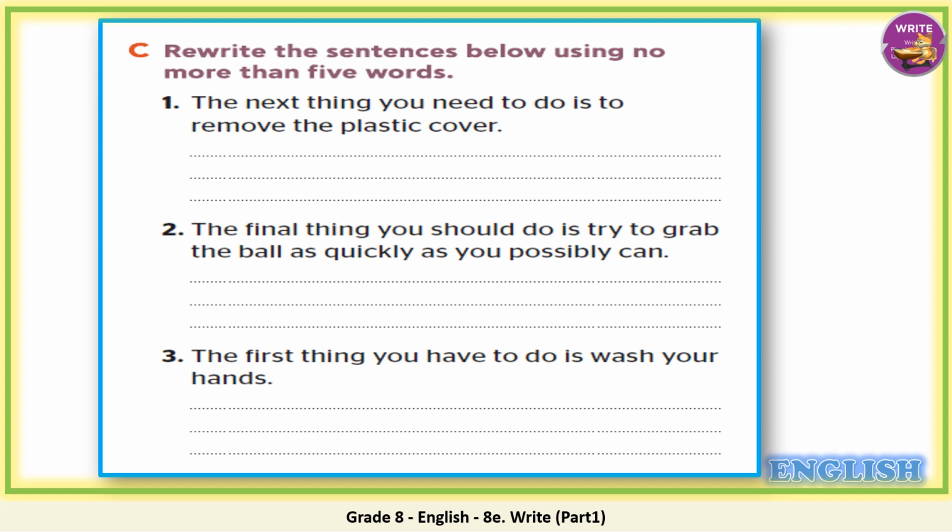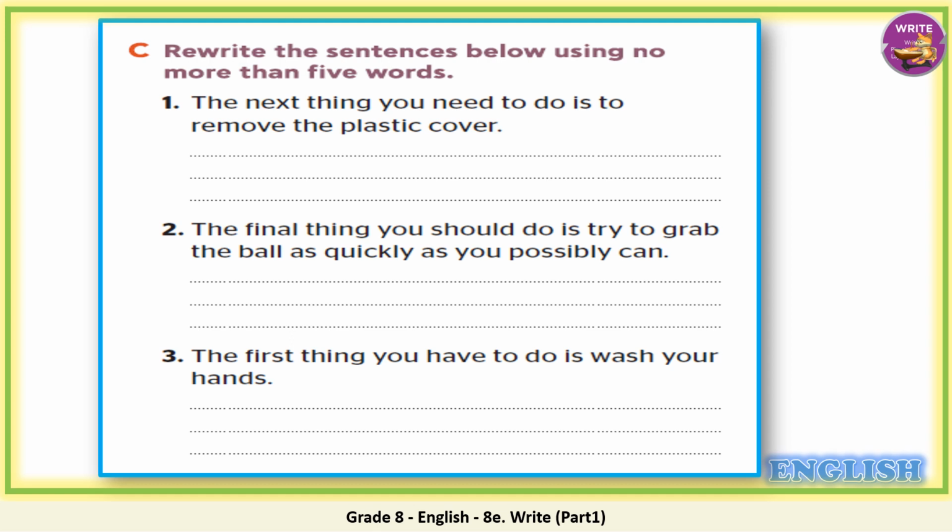Now go to exercise C. We have 3 sentences here, and we need to write the sentences below using no more than 5 words. Remember, you don't need to write long sentences when you write the description of a process. You just need to write short sentences.